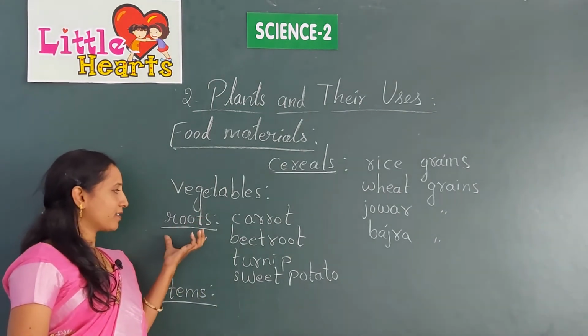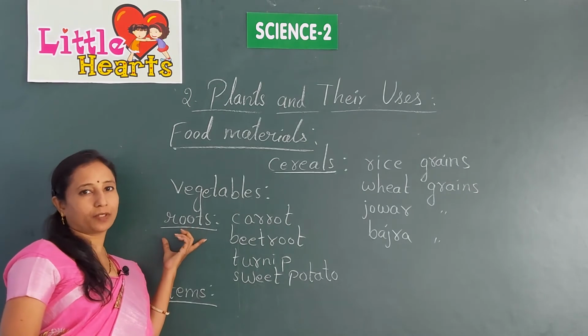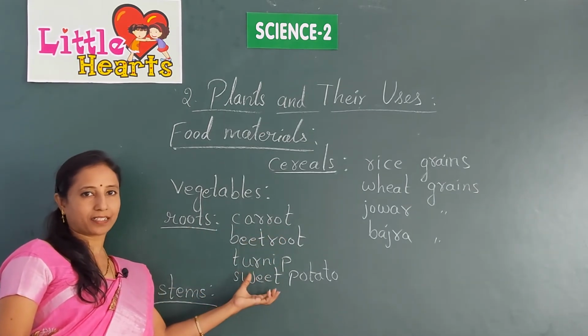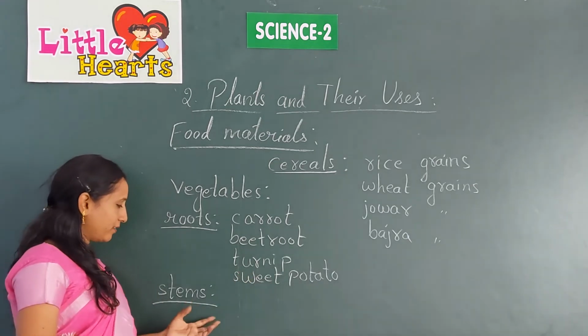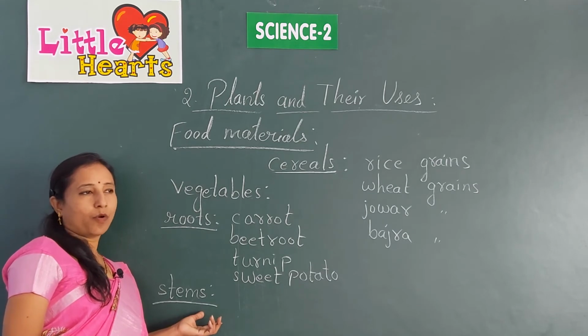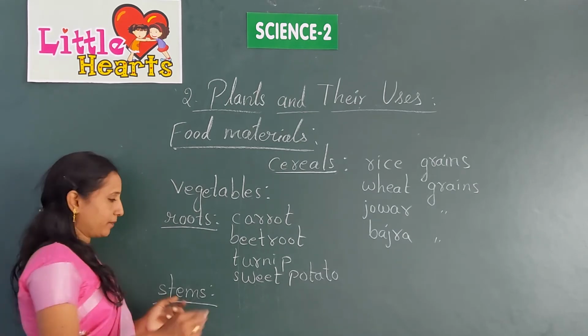Some of the plants store their food in the roots. So as they store food in these parts, we take them as our food. And then some plants store food in the stems. So what kind of stems do we eat?